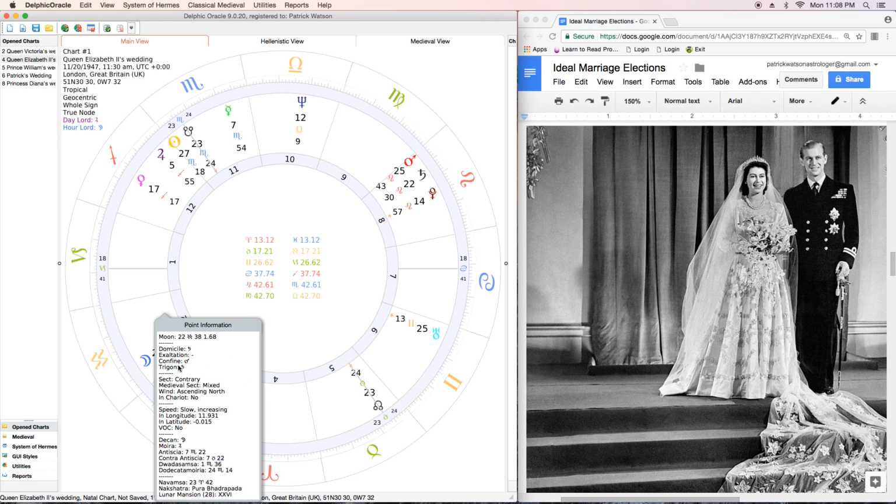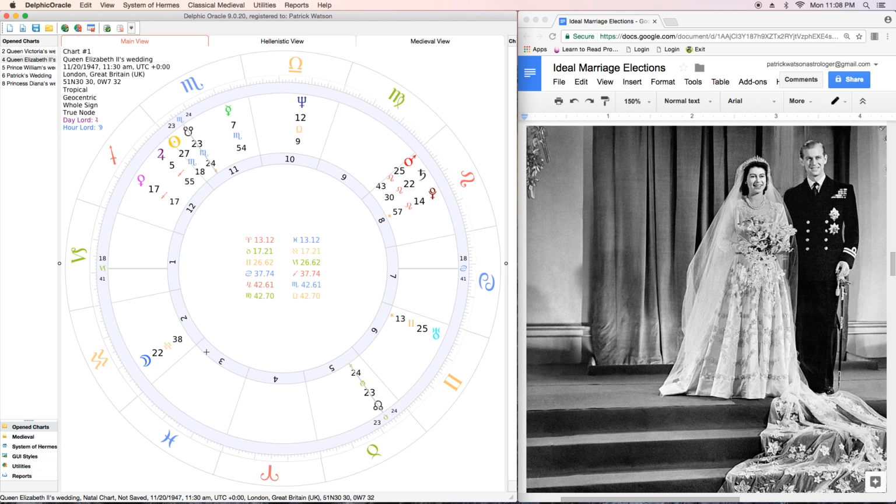If the moon really was separating even just a little bit from Saturn, then it would technically be heading into a really nasty opposition with the contrary to sect malefic, Mars in the 8th. And I don't think that's really come to pass in their relationship.